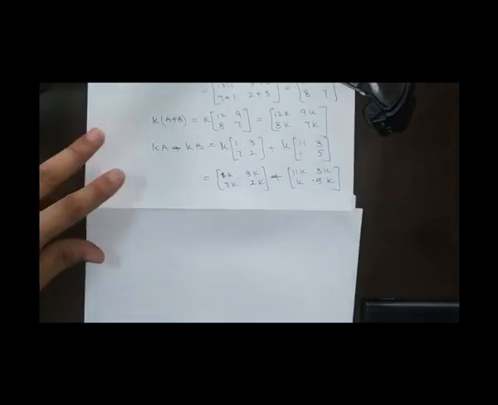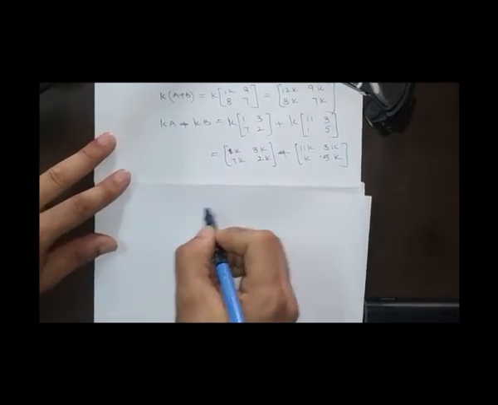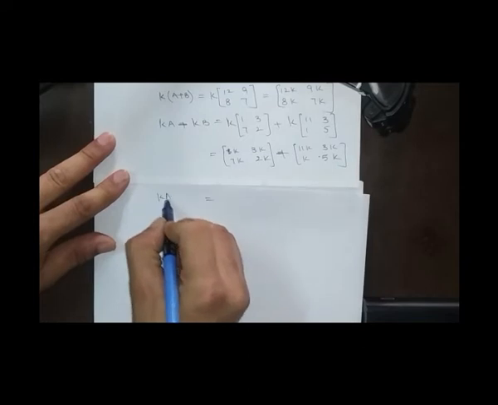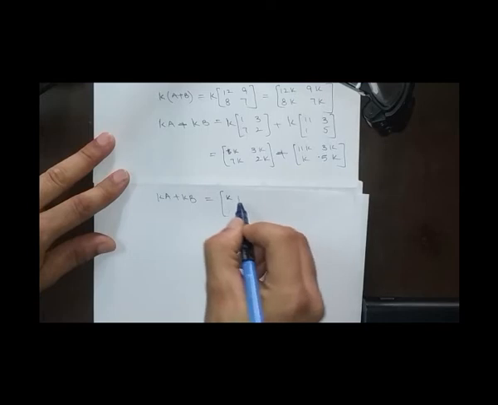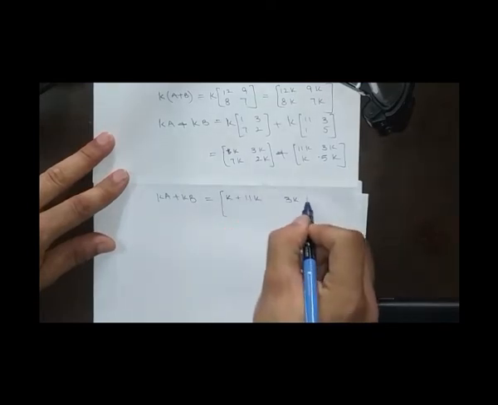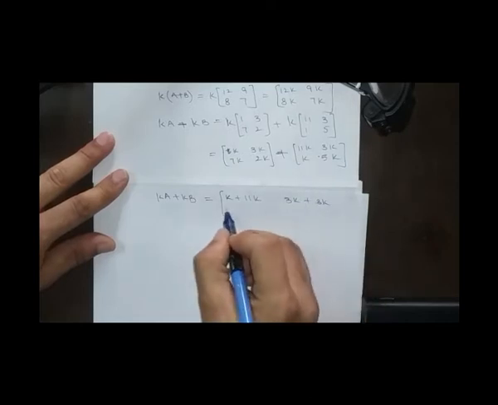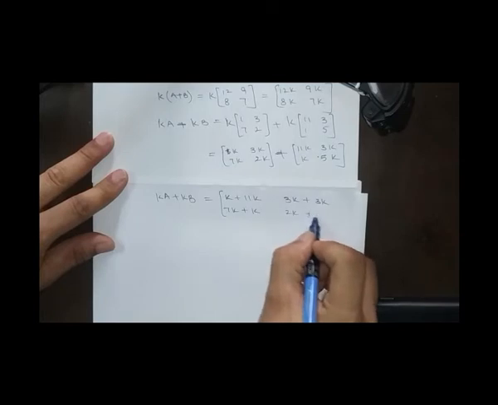We will keep it here, and now kA plus kB is equal to k plus 11k, 3k plus 3k, 7k plus k and 2k plus 5k.